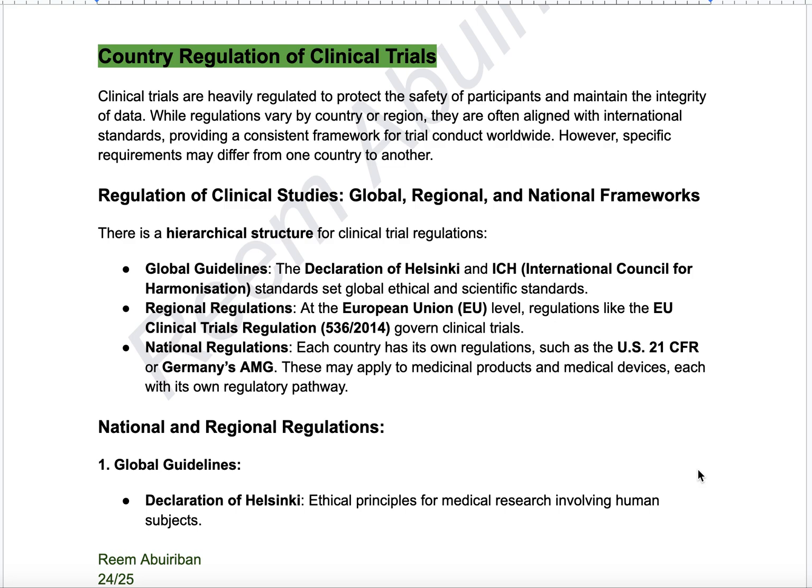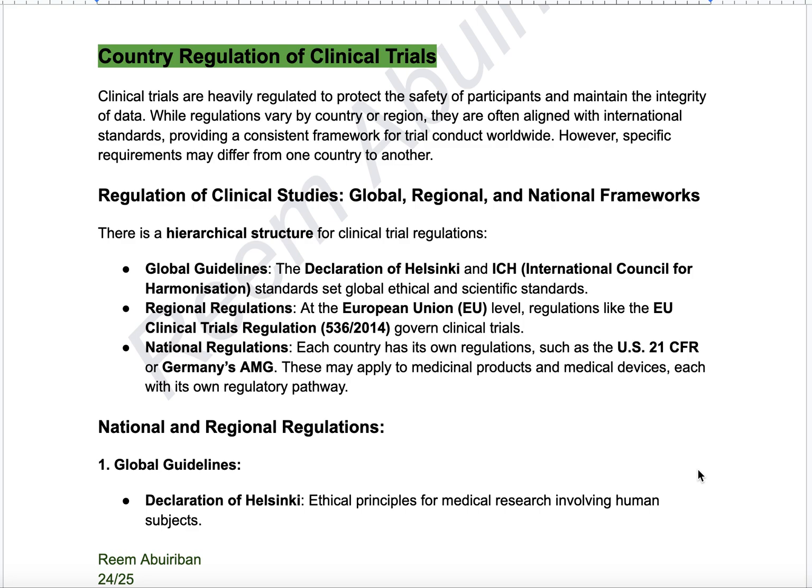There is a hierarchical structure for clinical trial regulation. Global guidelines like the Declaration of Helsinki and ICH, International Council for Harmonization standards, set global ethical and scientific standards.